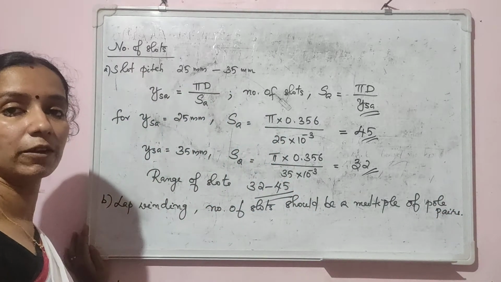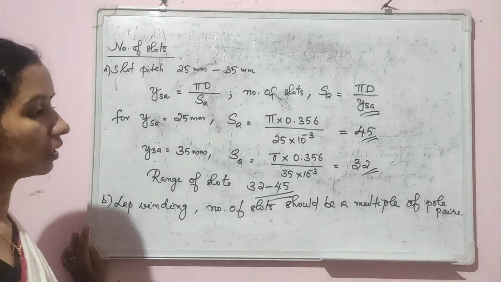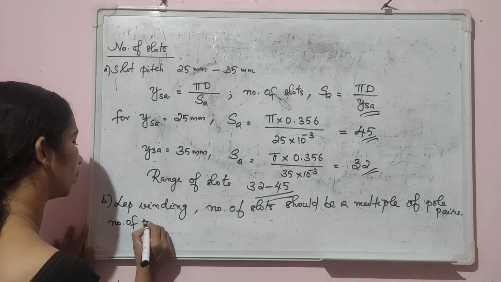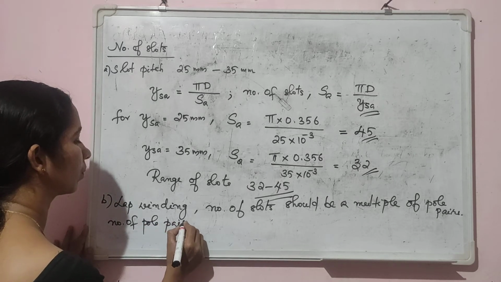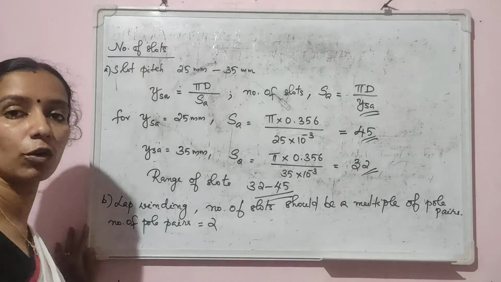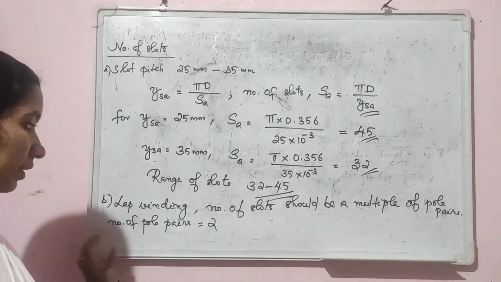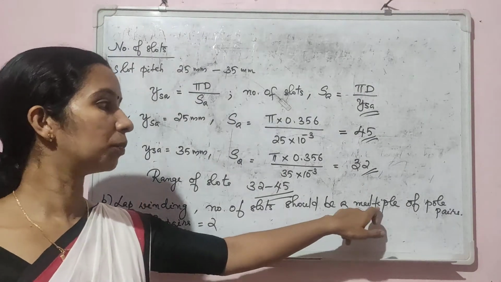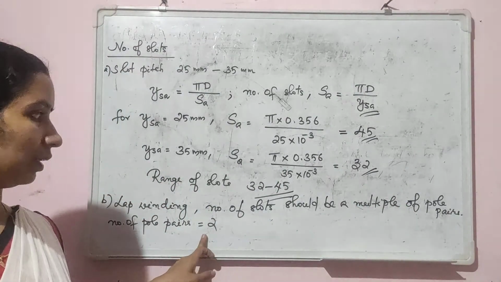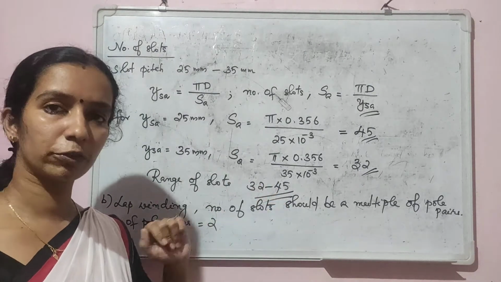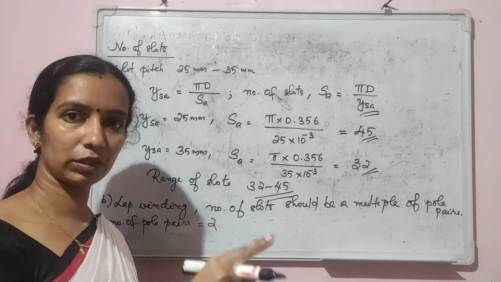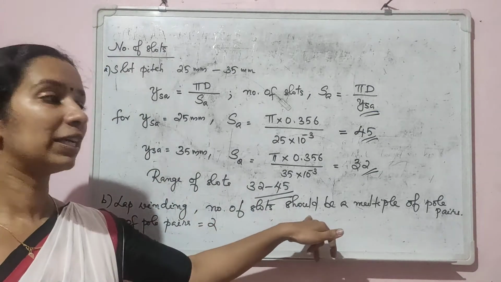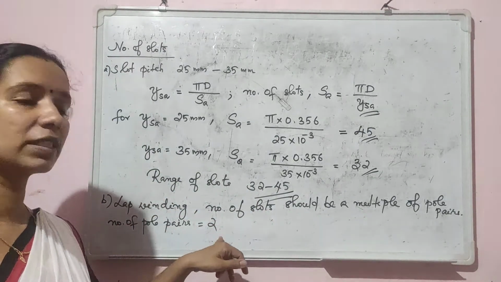So here we have 4 number of poles. So number of pole pairs will be 2. Okay, 4 number of poles, so there are 2 pairs. So here the total number of slots should be a multiple of 2. We have got the range 32 to 45, that is 32, 33, 34, 35, 36, etc. up to 45. But the value should be a multiple of pole pair, and pole pair is 2.